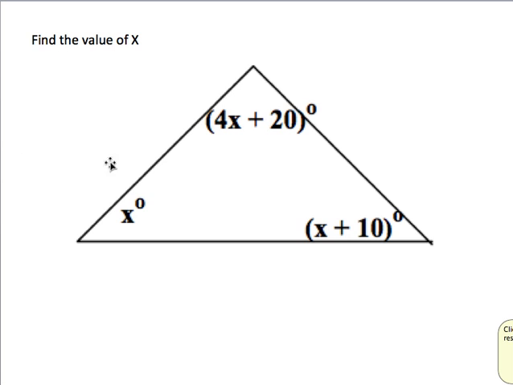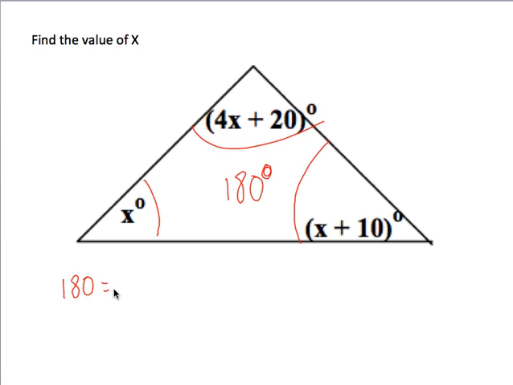We're asked again in this triangle to find the value of x. Well, again, we know that the angles inside a triangle add up to 180 degrees. So this angle plus this angle plus this angle is going to equal 180 degrees. So again, I just write out my equation. I know that 180 degrees is equal to this angle, x, plus this angle, which is 4x plus 20, plus this angle, so plus x plus 10.